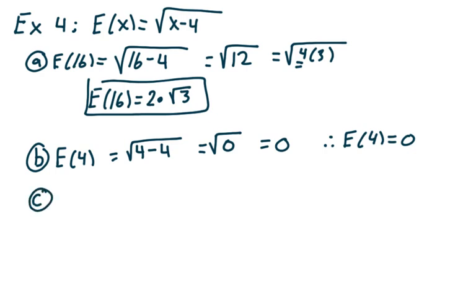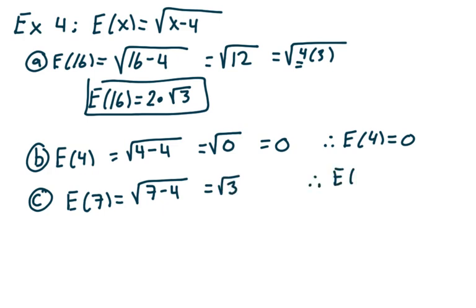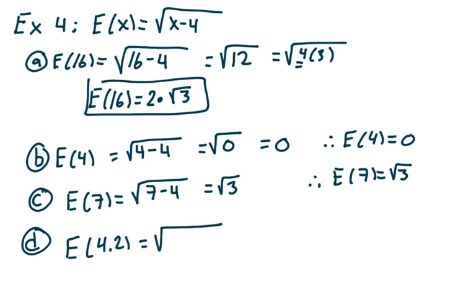And then I'm going to do E of 7. Wherever I see an x, I'm going to plug in a 7. And so we get the square root of 3. So E of 7 is the square root of 3. And then last one, E of 4.2. That's the square root of 4.2 minus 4, which is the square root of 0.2.